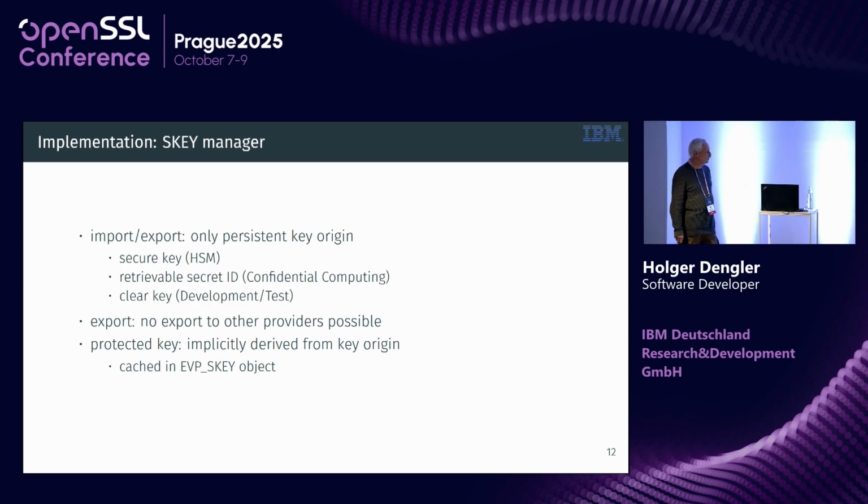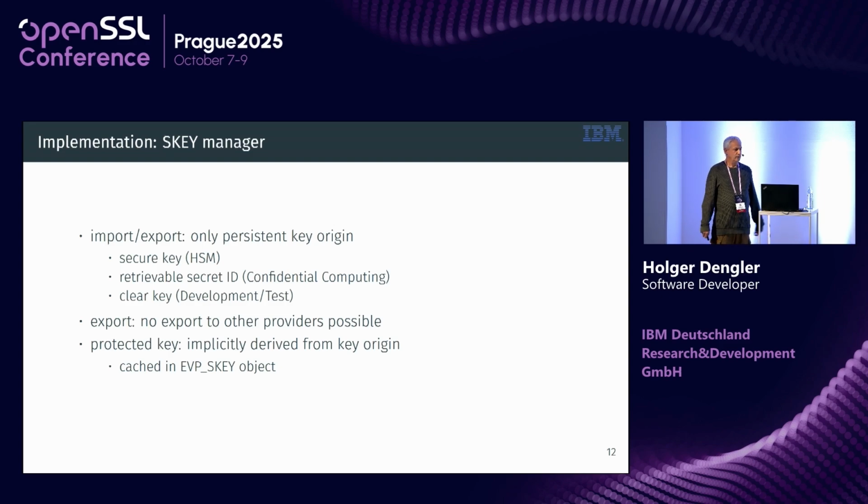Okay, I already mentioned export will be of limited use. I think we can export the key origin, but that's more or less useless for other providers. So we will try to figure out what makes sense on that side.